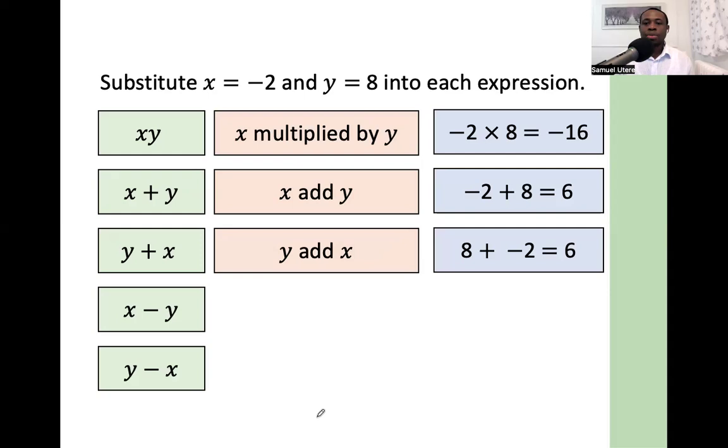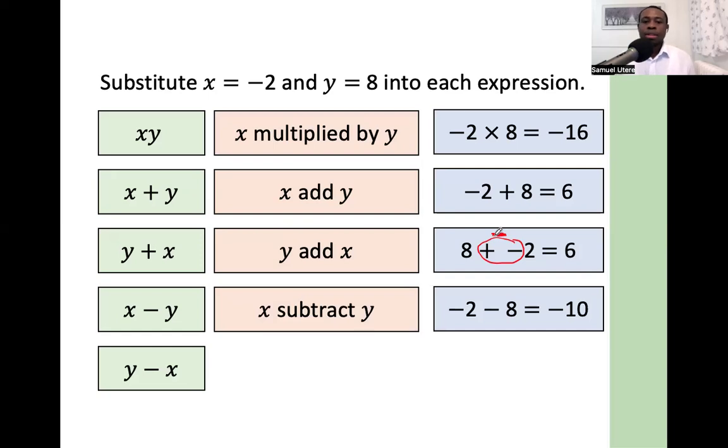Y add x will be 8 plus -2. Of course, the negative and the positive will become negative. They're invisibly multiplying each other, and by now you know a positive and a negative will become negative. So this can be rewritten as 8 subtract 2, which will give us 6.